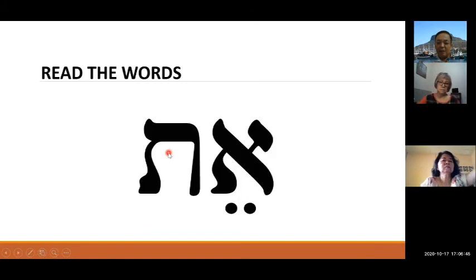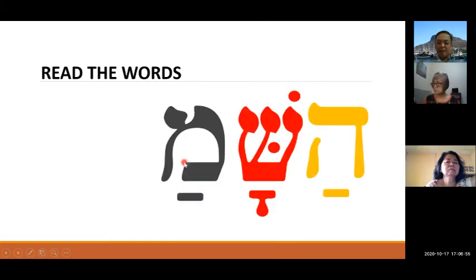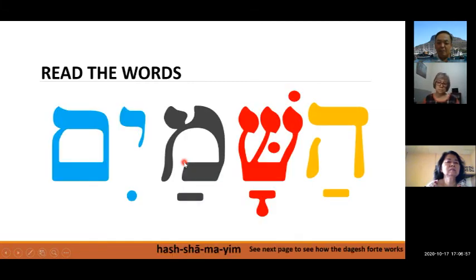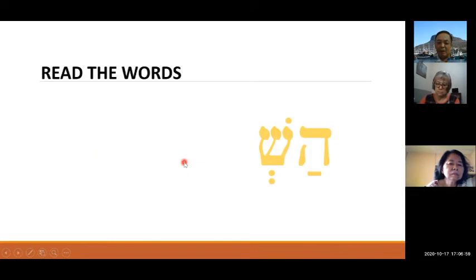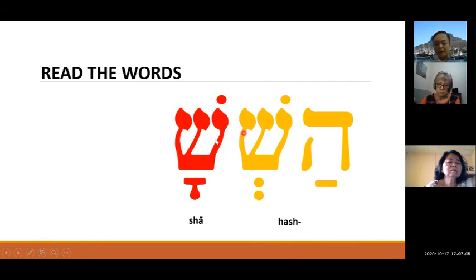Then you have this aleph with a sere, with a taf, which is et. Then you have Hashamayim, which means the heavens. Hashamayim has a strong dagesh there, and the strong dagesh shows that there are two shin here.